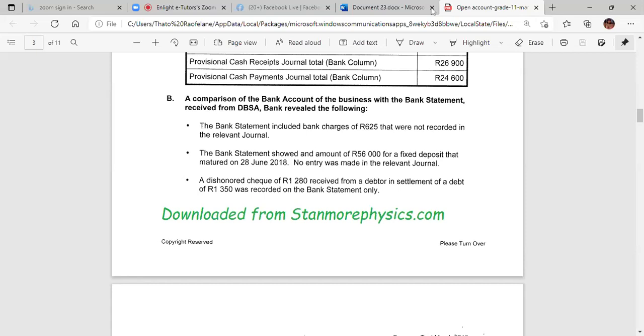So is this a receipt? It's a receipt because we put 56,000 in as a fixed deposit, but now it has matured, which means they have sent it back into our bank account. If anybody has any questions, don't forget, you can always type them in the chat box and I will read it.